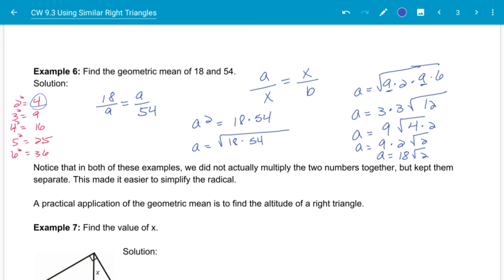So the geometric mean between 18 and 54 is 18 square root of 3, except I made a measurement blunder here. 4 times 2 is 8, but 4 times 3 is 12. So this is 18 square root of 3 as my answer.